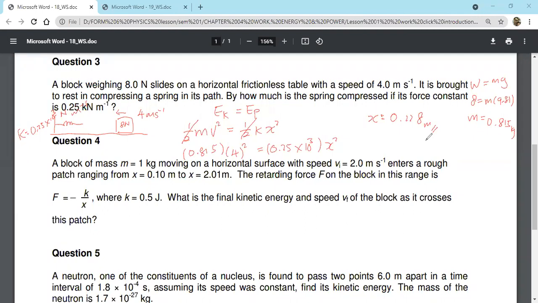The retarding force, meaning the force that causes the object to decelerate, on the block in this range is F equal to negative k over x, where k equals 0.5 joule. What is the final kinetic energy and speed Vf of the block as it crosses this path? This means that now the force will reduce.